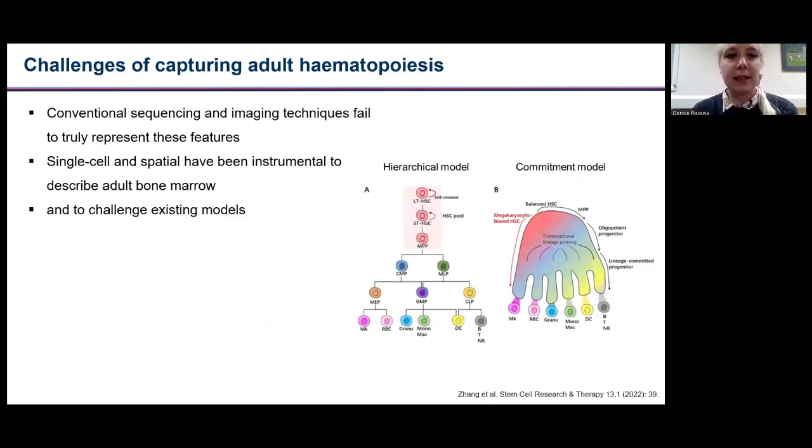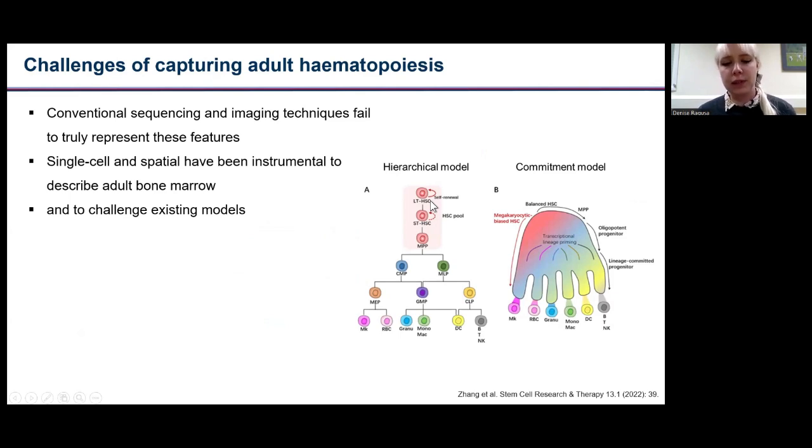And if it's been difficult to characterize and describe, this has also resulted in a challenge to existing models of hematopoiesis. I showed you the classical, a little old-fashioned model of hematopoiesis, which is the hierarchical model, where hematopoietic stem cells sit at the top.